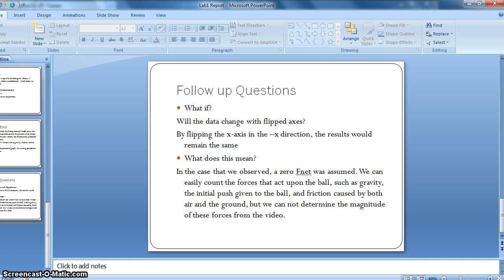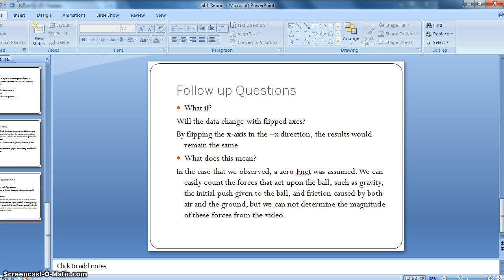So, to answer some follow-up questions, if our axes were flipped, or if the ball was moving in the negative x direction, the results would be the same, and our computational model would predict our experimental model very thoroughly.